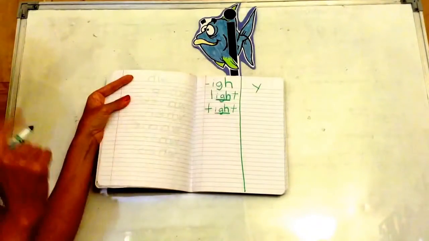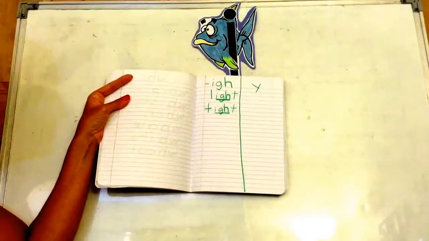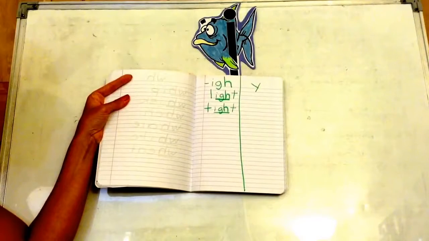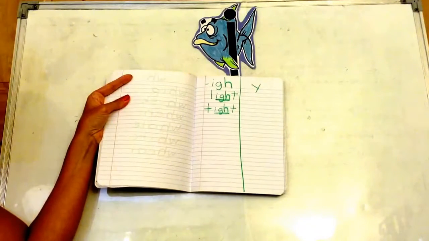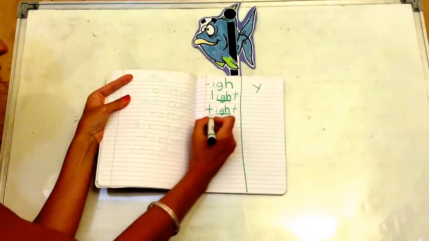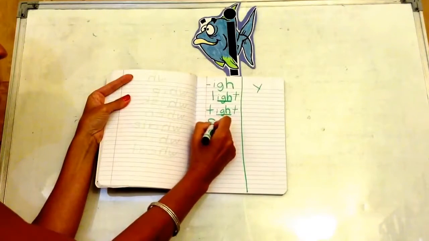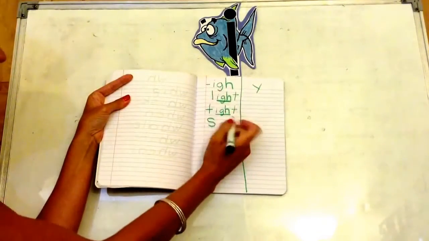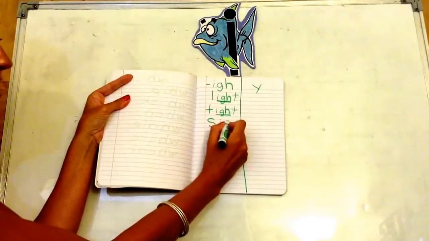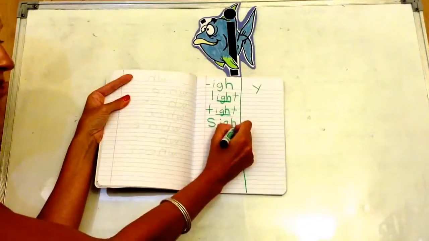Okay, another word that has I spelled I-G-H is the word sigh. And sigh means to be, maybe sometimes when you're tired of something or something didn't go away and you're like, oh, that is considered a sigh. So I hear S, and then I hear I. And since my focus is I-G-H, I'm going to spell it as I-G-H.